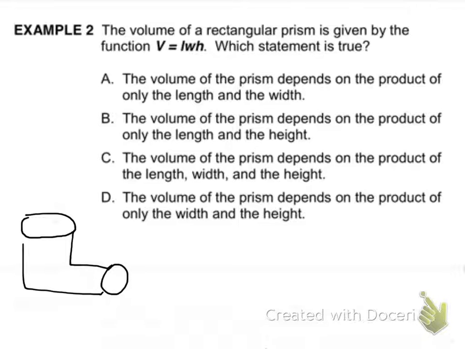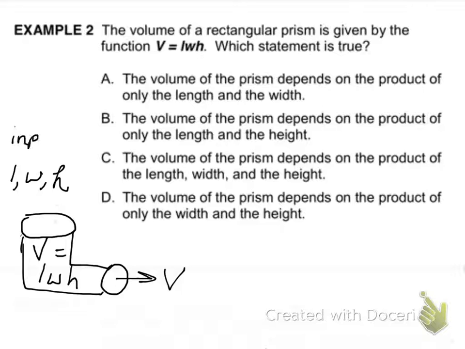The function machine is whatever your formula is, like this. And what you have to put in is the variables that are on the right side of the equal sign: length, width, and height. And when you put those into the machine and it does this calculation, what you come out with here is your volume.